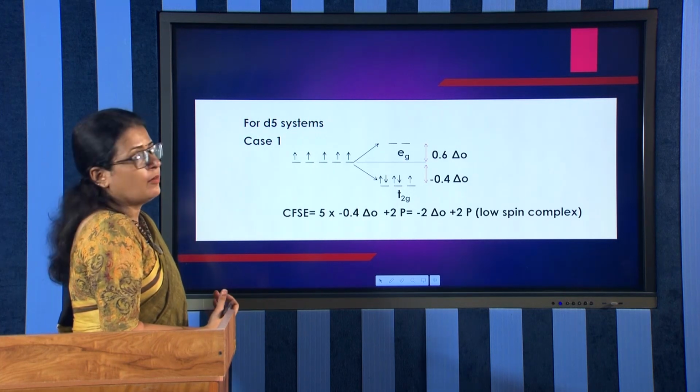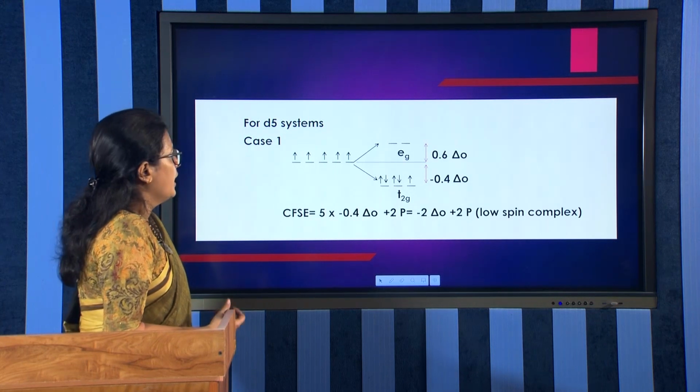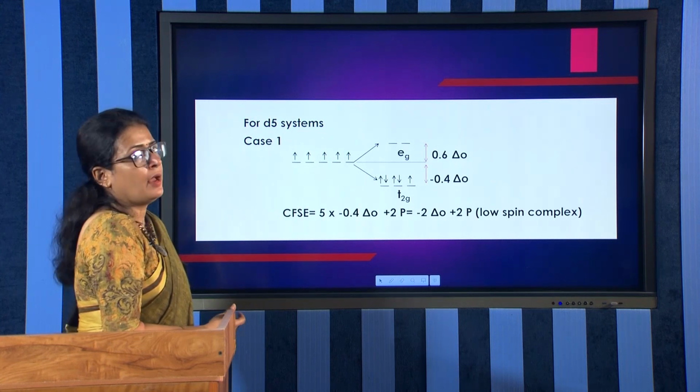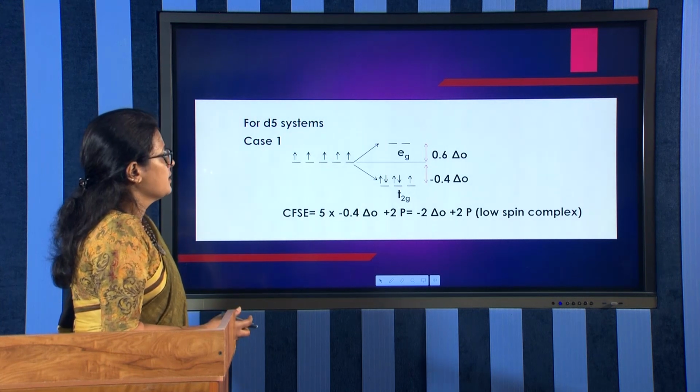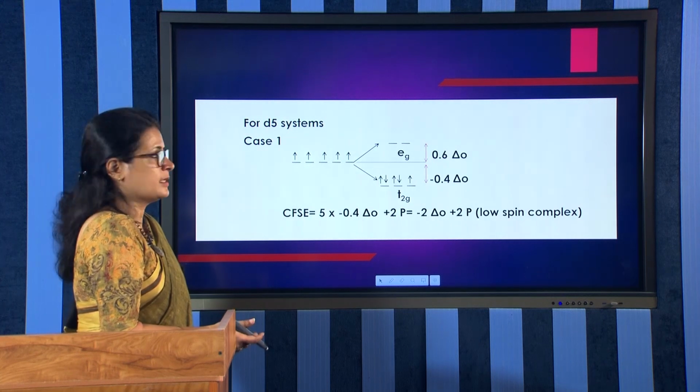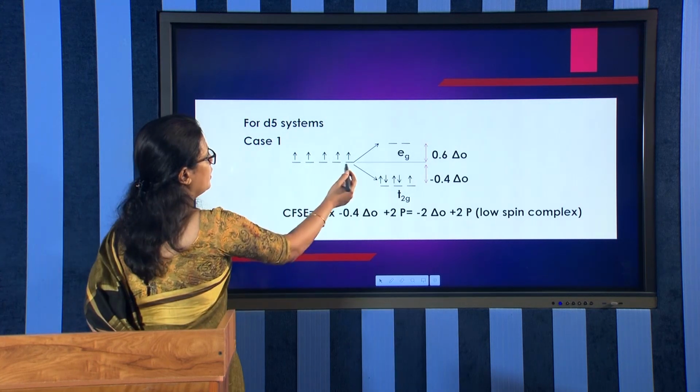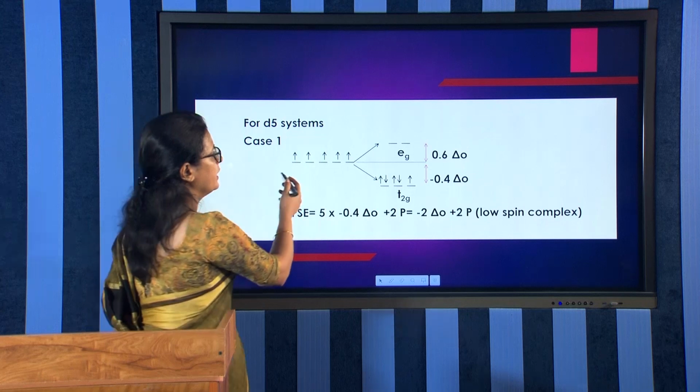D5 means 5 electrons in the d orbitals. Again here also you can have two cases, that is low spin and high spin cases, because 5 electrons are there in the d orbital.